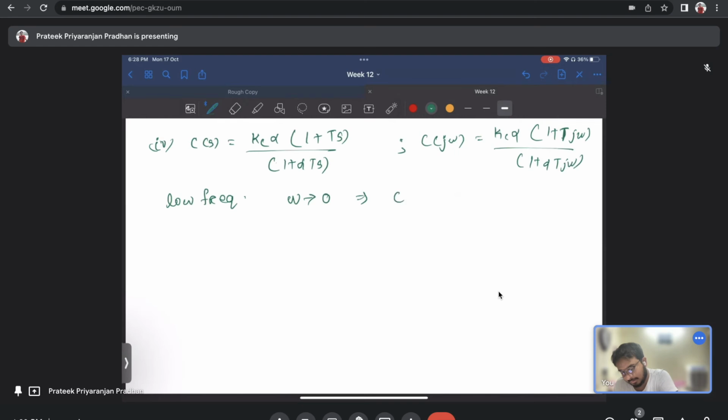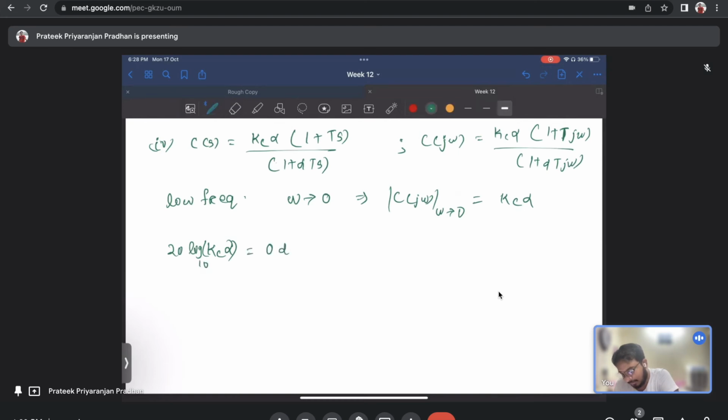The magnitude of C of j omega, with the zero and the one, will be Kc alpha, so 20 log Kc alpha base 10 is equal to 0 dB.